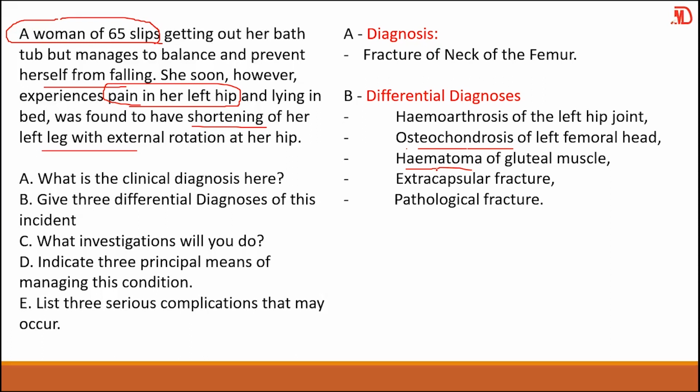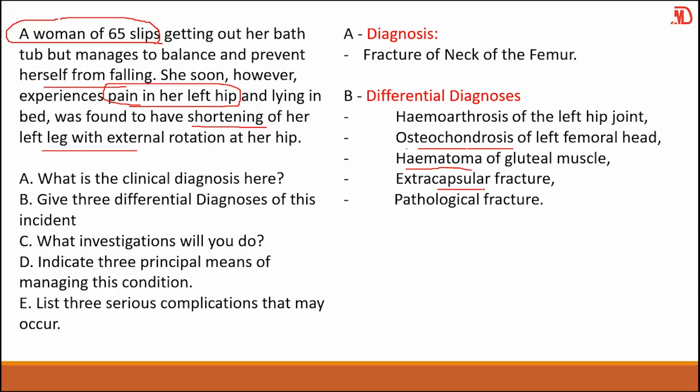Then we have what we call the extracapsular fracture. This is a bone fracture near a joint, but still located outside the joint capsule. Hence the name extracapsular. That means it is outside the capsule.